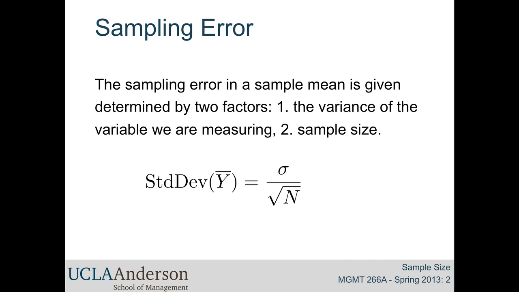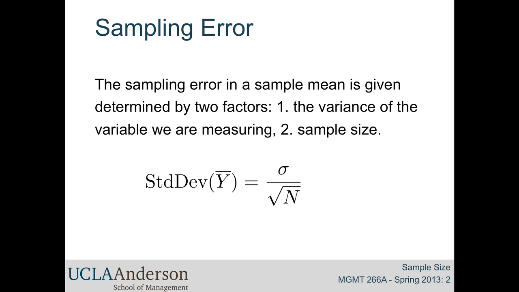Okay, so where do sample size calculations derive from? They come from sampling error. The idea here is that we're going to do a survey, and then on the basis of the survey, we're going to calculate something like y bar, the average of a variable.